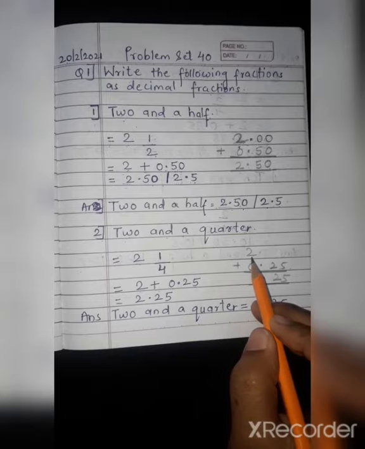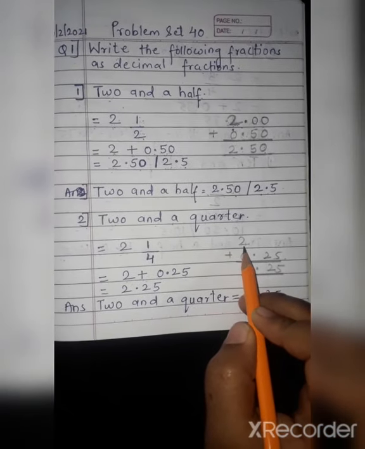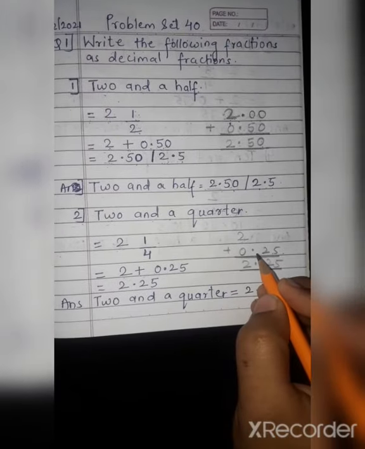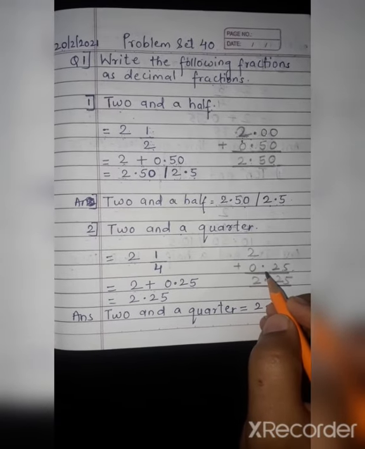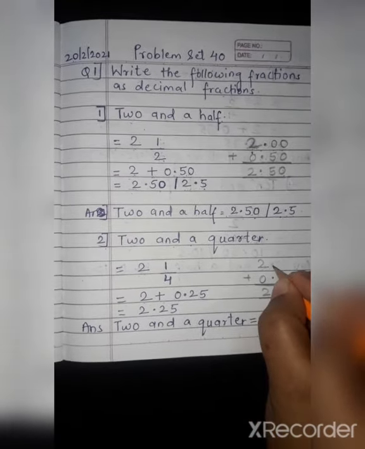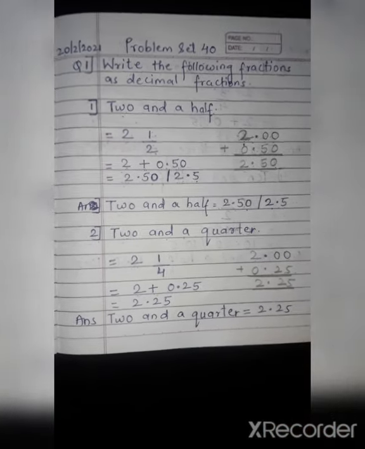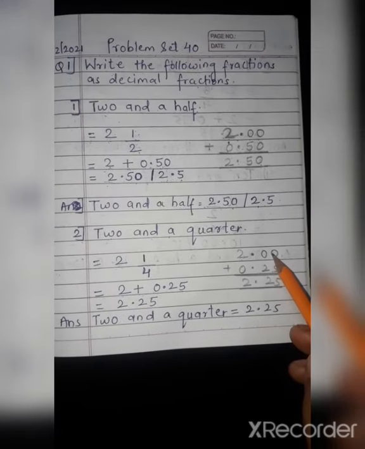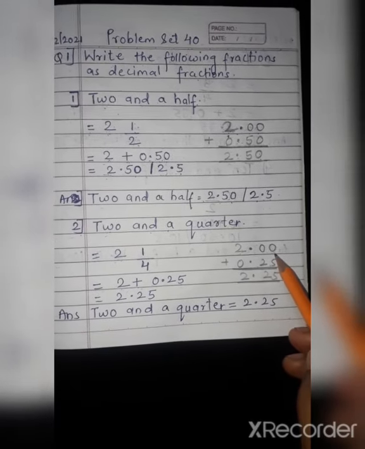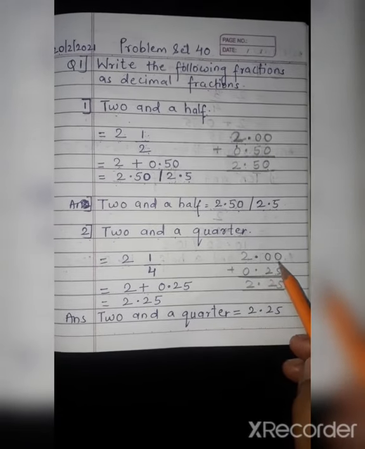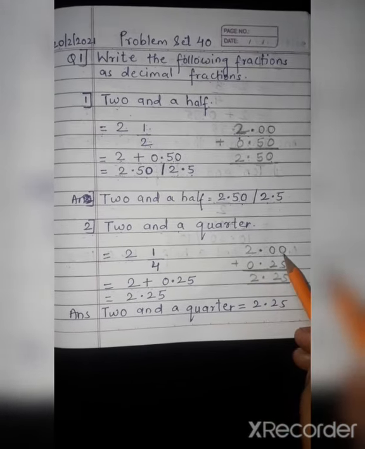Here also students, 2 is written as it is plus 0.25. Here also the place is empty, so we cannot do the sum. So what we will do here is we will write 0 again, because we cannot leave the place empty and we cannot write any random number, that is why we are using 0. Now we can add, students.